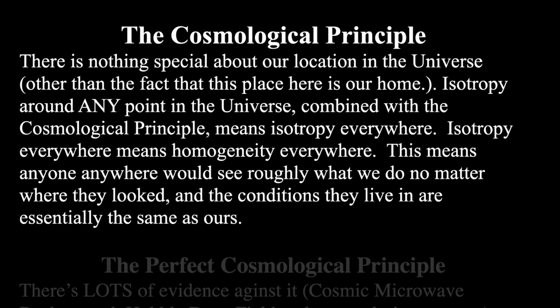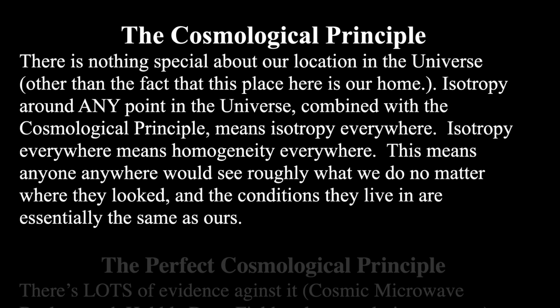But if you take isotropy around any point in the universe, which we've spectacularly confirmed with the cosmic microwave background, and you combine that with the Copernican principle, then that means that if there's isotropy around one point, there's isotropy around every point in the universe. And so isotropy everywhere means homogeneity everywhere. Therefore, combining the Copernican principle with isotropy around any one point means the universe is homogeneous.